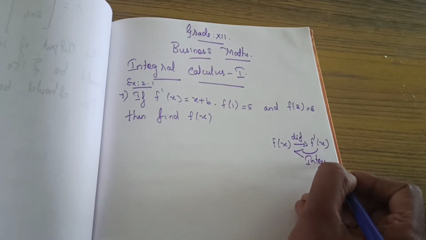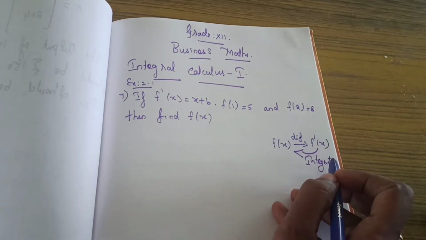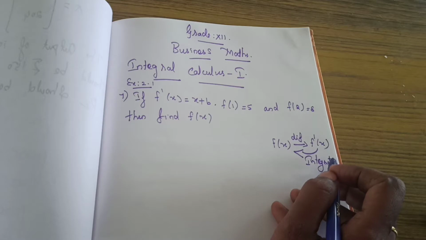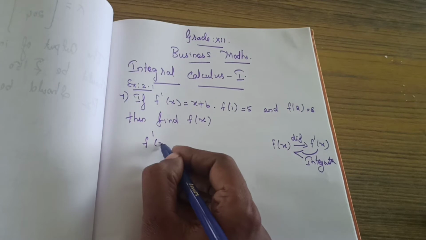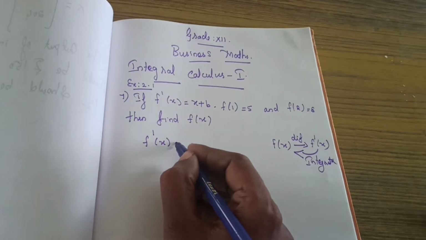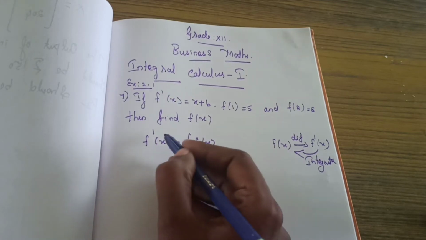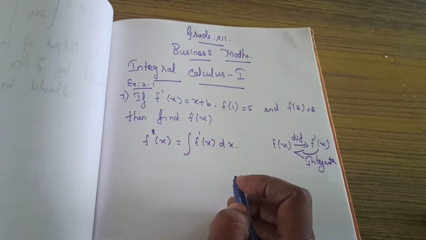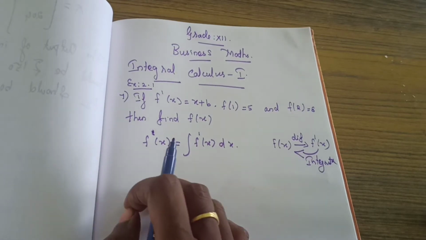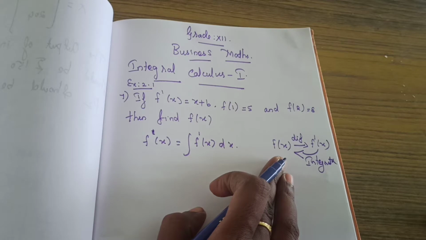Understand? So the meaning is, if f of x is given and you need to find f dash of x, we will differentiate. If f dash of x is given and we need to find f of x, we will integrate. So f of x is the integral of f dash of x dx. If f of x is given, to find f dash of x we differentiate. If f dash of x is given, to find f of x we integrate.